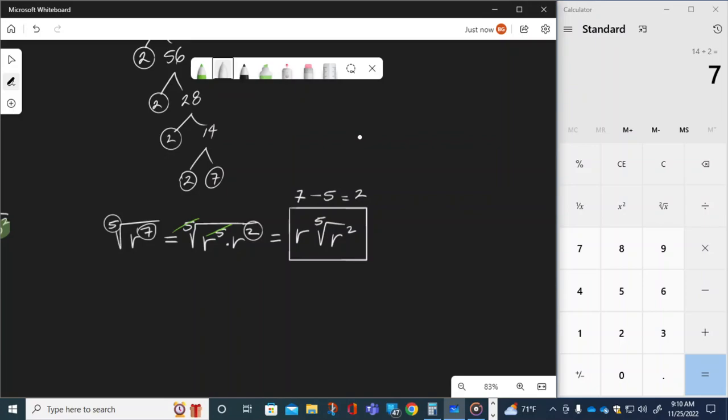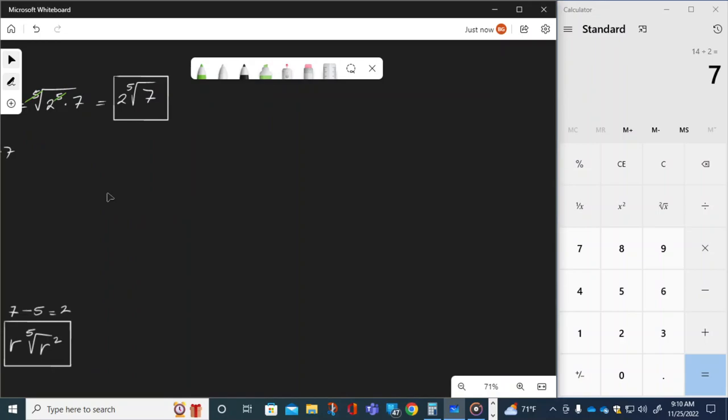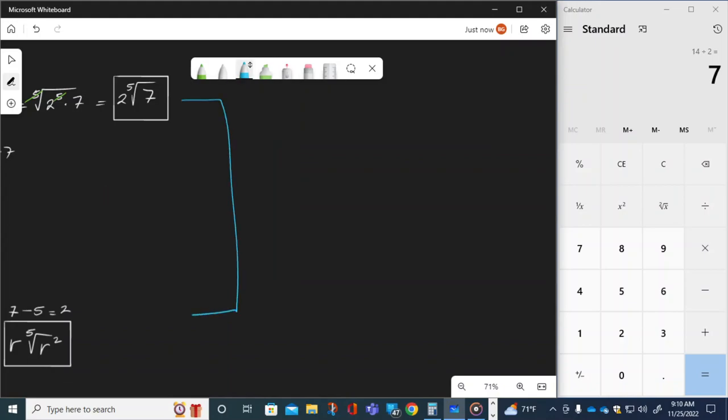So now that you have these two numbers, all you have to do is combine them, right? So you take these two numbers, you combine them, and when you combine them, it's 2 times the fifth root of 7 times r to the power of 5 and the fifth root of r to the power of 2.